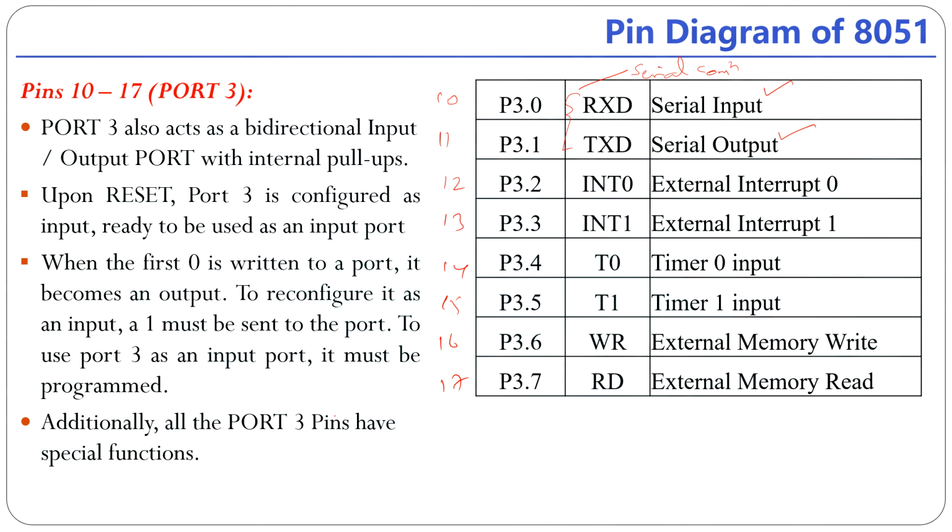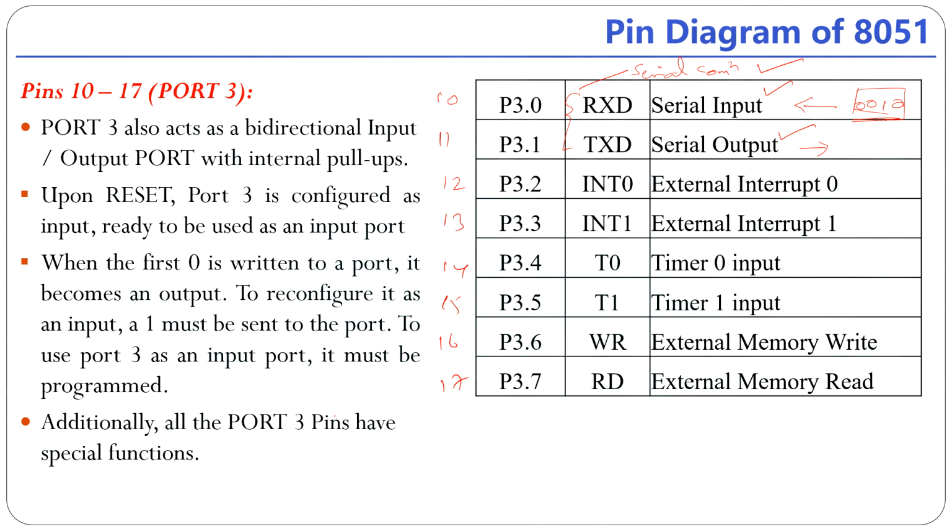That means the 8051 microcontroller serially accepts data through this line, bit by bit, from the externally connected device when operating in serial communication mode. Similarly, TxD is transmit serial data; it is able to transmit serial data to the externally connected device.